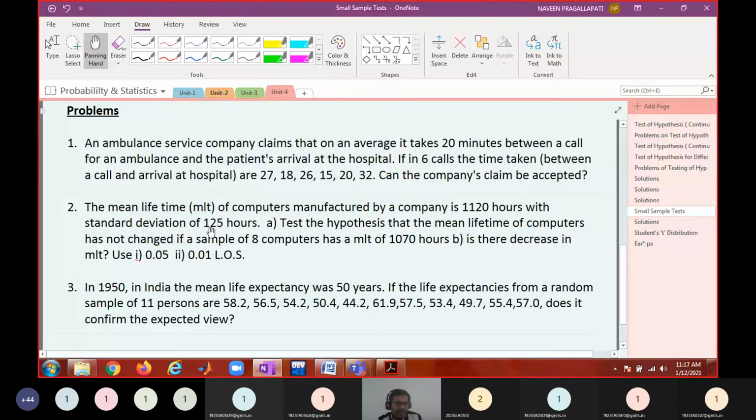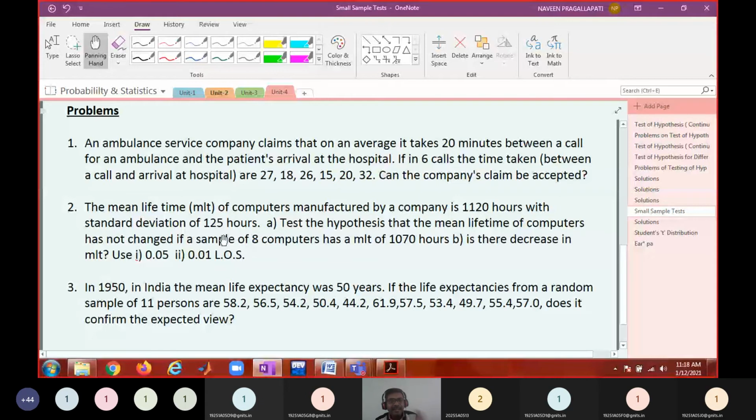And can you tell what 125 refers to? When you say this is mu, how can this be s? This has to be sigma only, no? Up to this point they're talking about computers; forget about problem solving, just interpret the data and what it is exactly conveying.